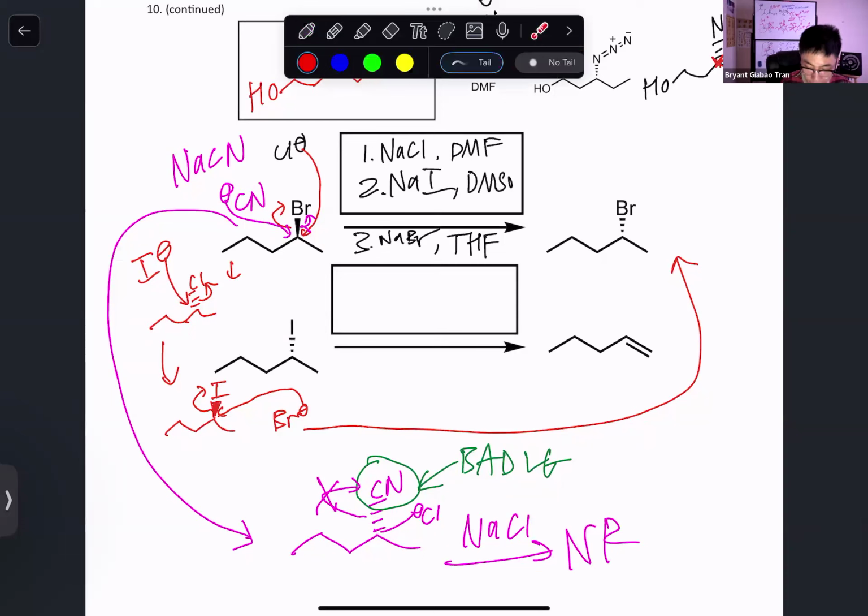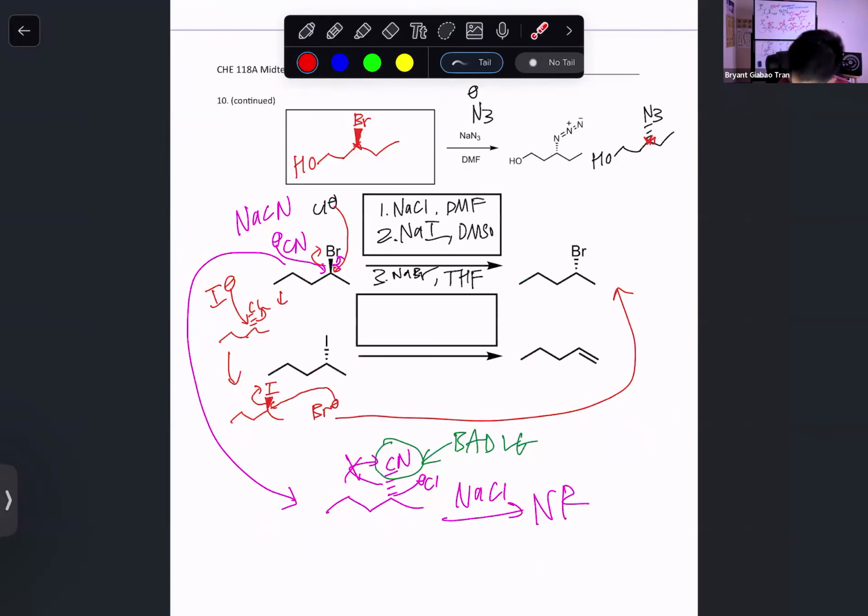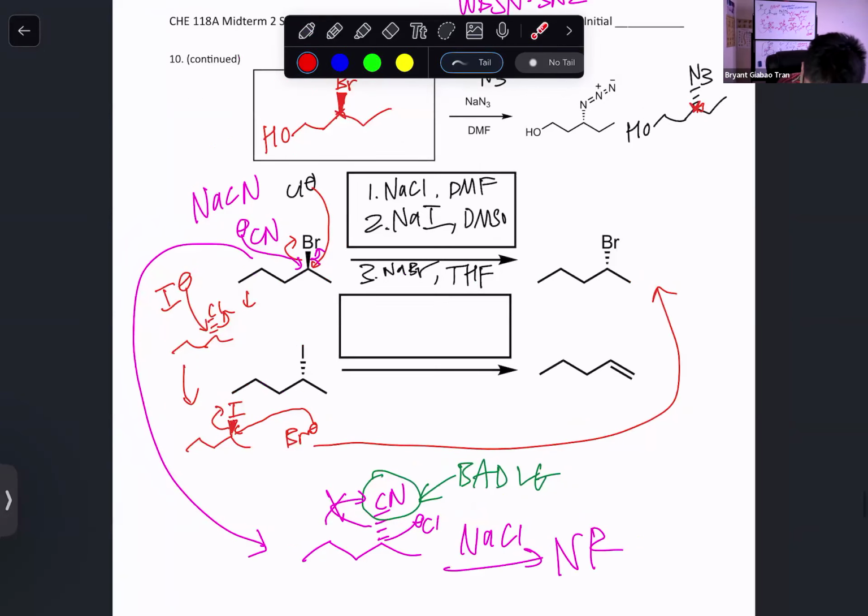And you need a good leaving group for all of these reactions. You need a good leaving group for SN2, SN1, E1, and E2 reactions. Right. So that's why I use NaCl or NaI, in order for us to have intermediates with good leaving groups, for us to keep doing SN2 reactions like that.